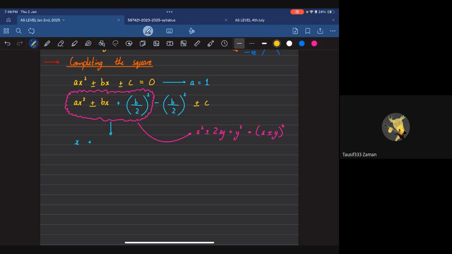So what happens is that I can write this as X plus B, and what you may call this, B over 2 is going to come over here. So it's going to be X plus B over 2 whole square. Is this clear? Any issues with this, guys?